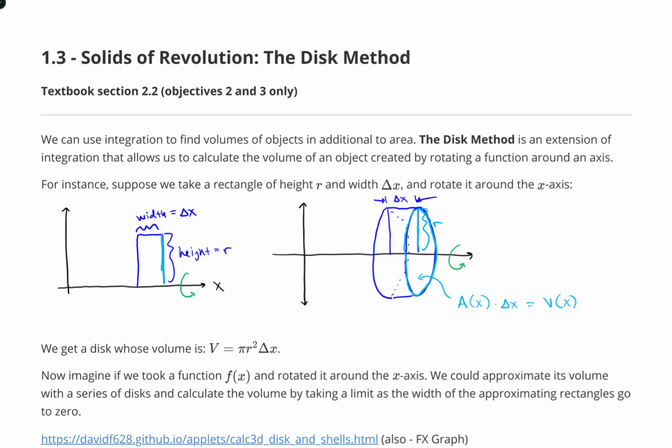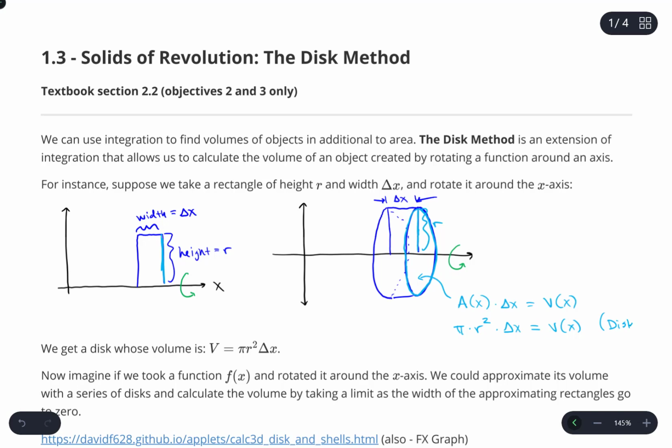And we know the circle here would have an area of pi times the radius of the circle squared, and then we'd still multiply that by delta x, and that gives us the volume of one particular disk here. Okay? So that's easy enough to see where the volume of one of these disks comes from.